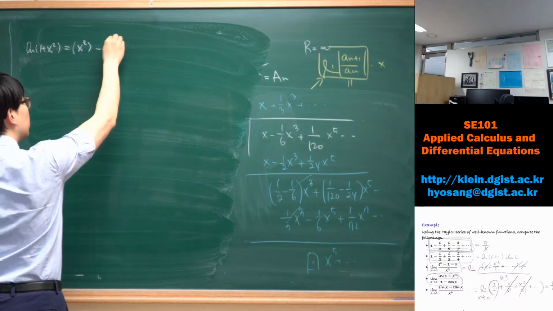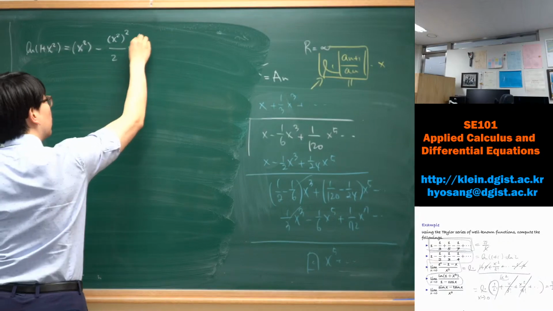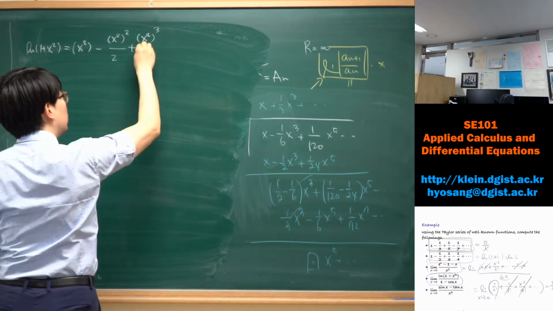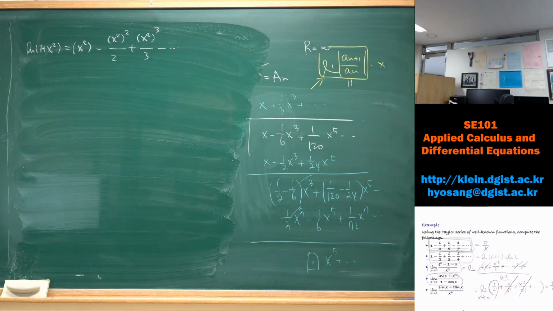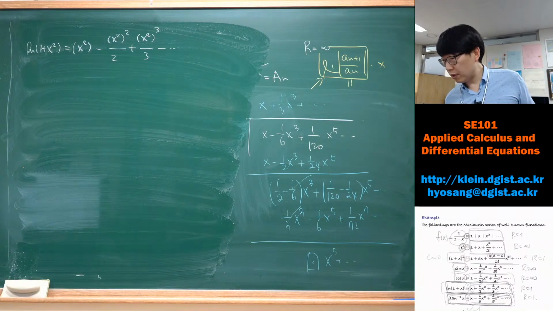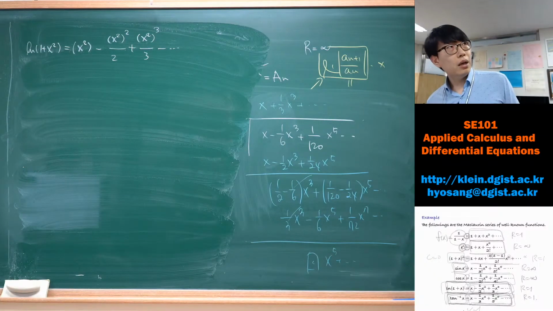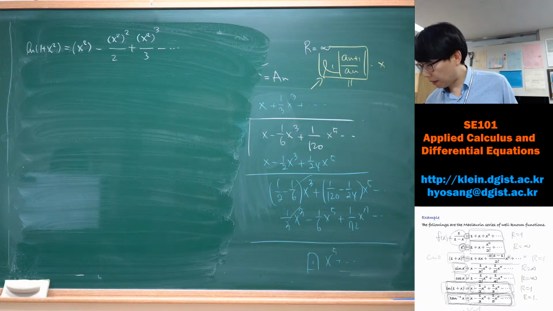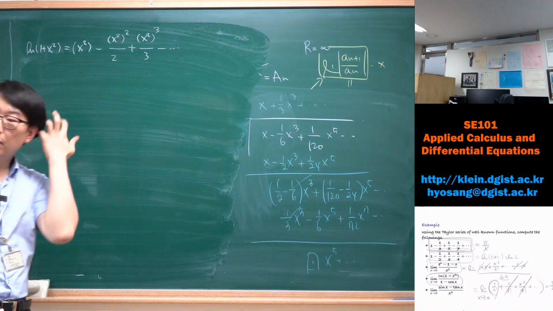We have x squared, (x squared) squared over 2, (x squared) cubed over 3, and so on. So compare that with the original Taylor series of ln(1 plus x). I'm just taking x squared in the place of x. Okay, so that's the Taylor series of ln(1 plus x squared). You can safely use that.